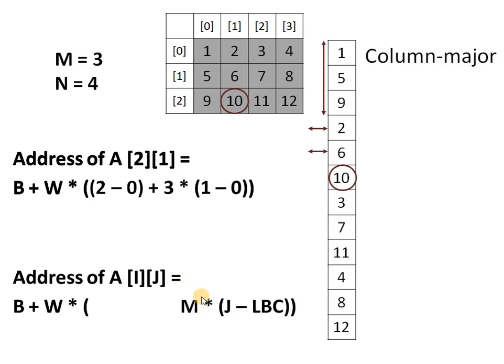Now we have to add the number of elements to be skipped, that is I. So for that we will add a term I minus the lower bound for rows, that is LBR. So in this way one can find the address of the element at index position I, j in column major order.